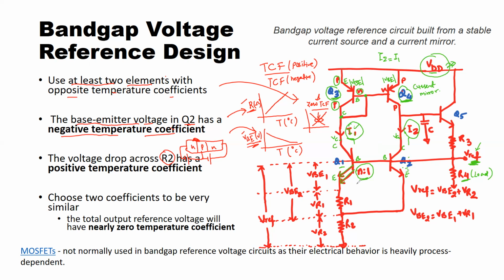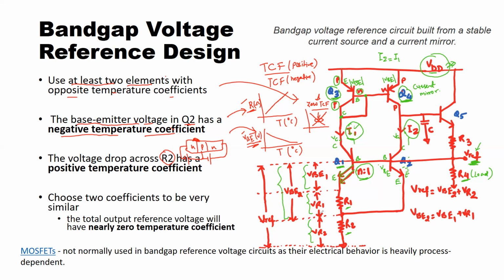Now what I have here is this VBE drop across the transistor Q1. Then I have this voltage drop across the resistor R1, and then this voltage drop across the resistor R2. Now remember, this is the emitter pin of the transistor Q2. So I will also have this VBE here, the base emitter junction, which is indicated right here.